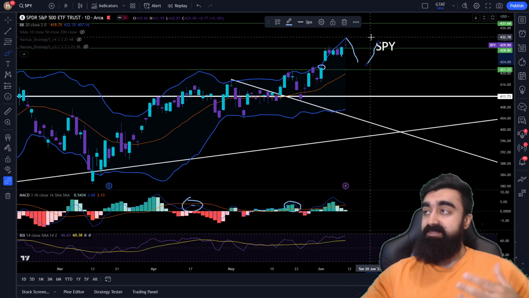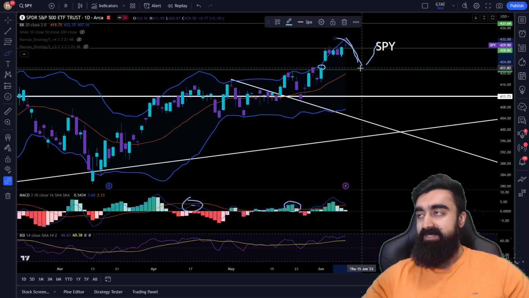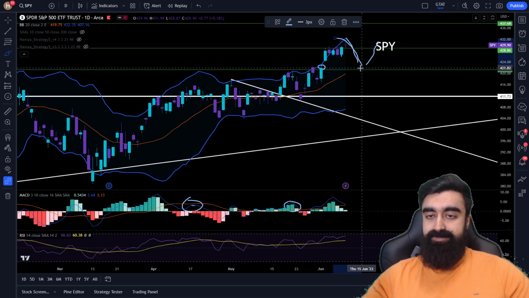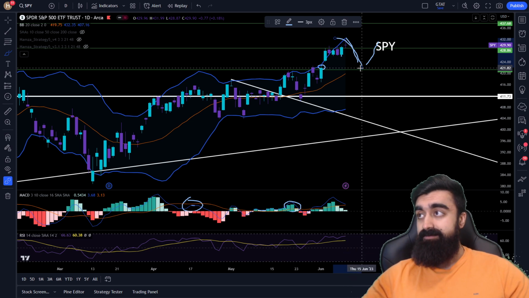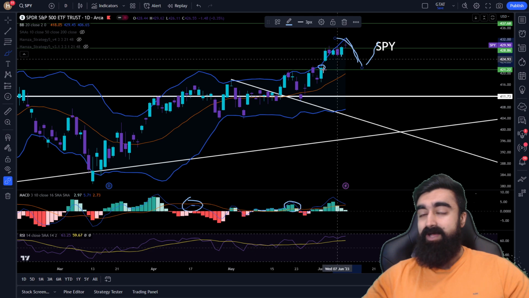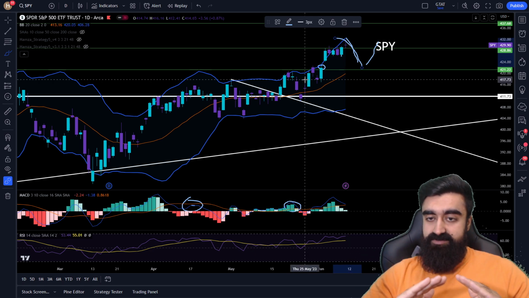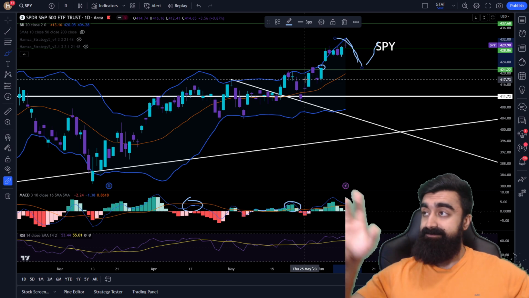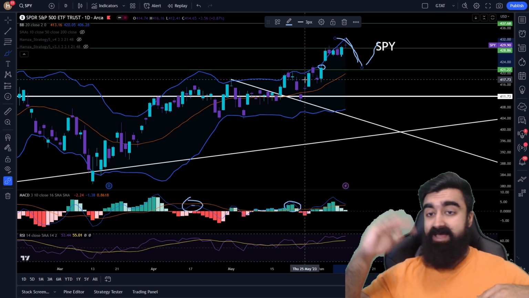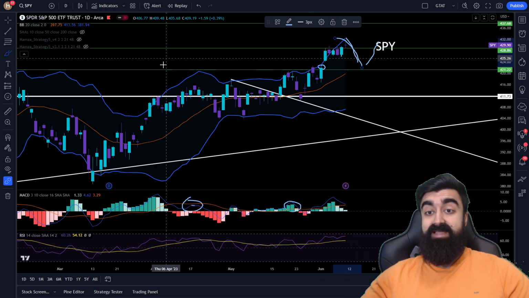Now, I'm not saying that it's going to be a huge reversal where we give back all of the gains, but it's something to take into consideration because the IWM is also showing weakness. And the IWM also played a part in the reason why the SPY was showing this much strength. So the VIX is showing some sort of support and extreme downside potential. The SPY is showing a lot of strength and a bit of a topping formation. All right, so there's that for the VIX.